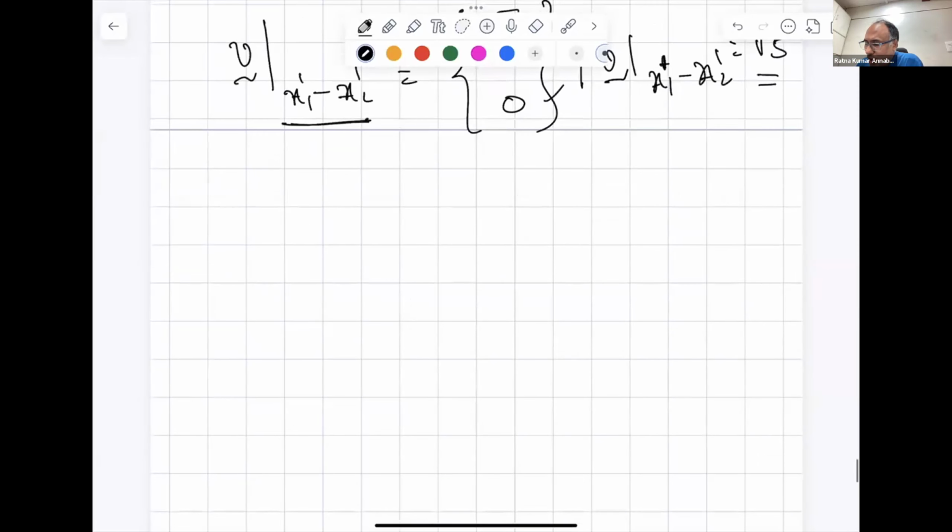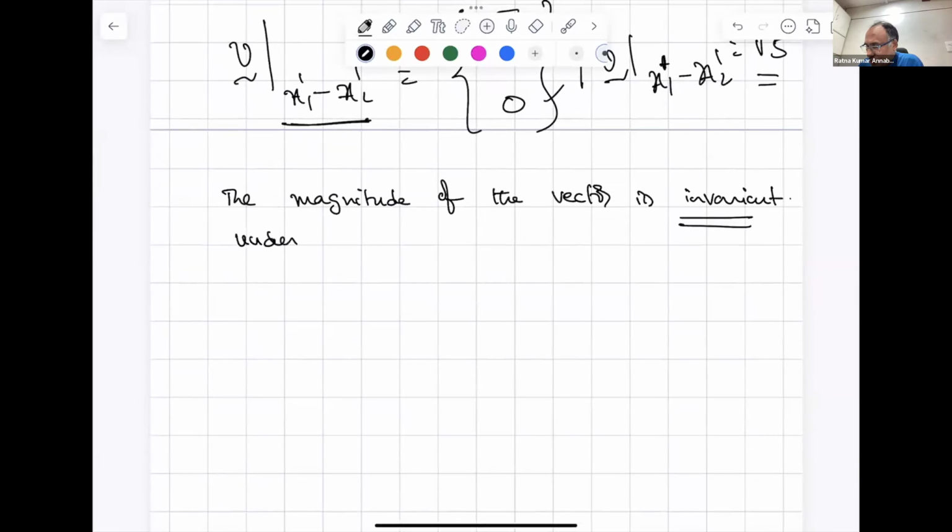That means I would call the magnitude of the vector invariant under coordinate transformation. What do I mean by that?